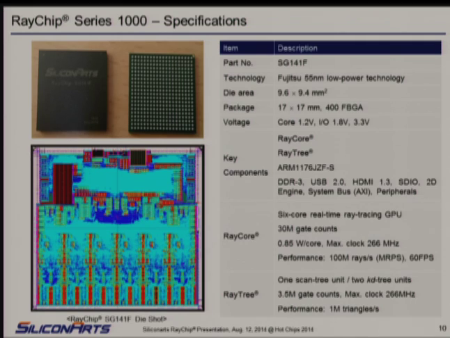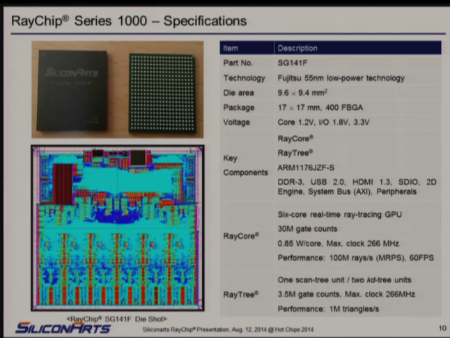So here is RayChip's actual silicon image and die shot. RayChip SG141F is fabricated based on Fujitsu 55 nanometer low power process technology. Its die area is 9.6 by 9.4 square millimeters.